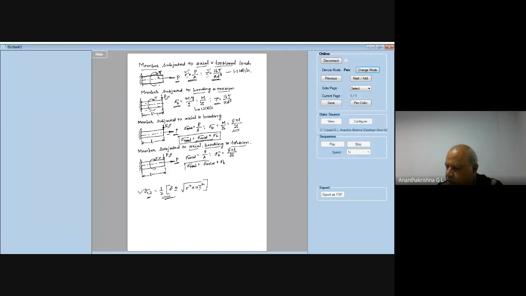The member is also subjected to torsional moment, so the shear stress tau is given by 16T by pi d cube. Now substitute sigma total and tau into the combined loading equation and get the values of sigma 1 and sigma 2 and also tau max.